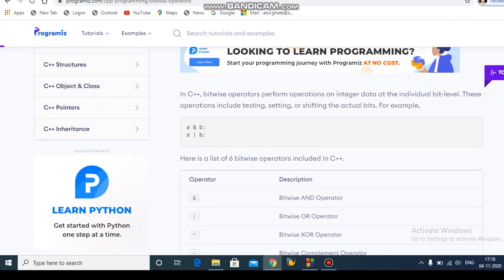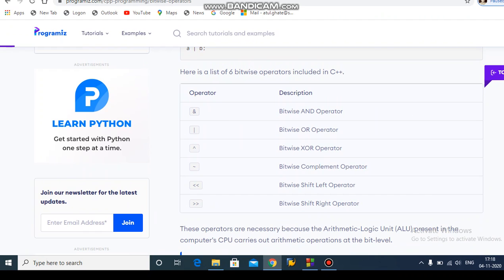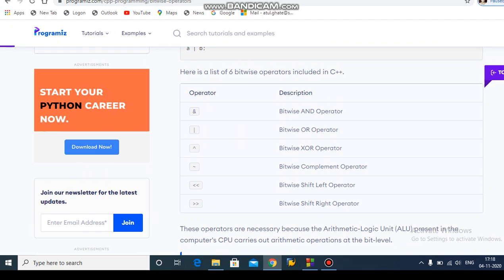Please see the table. Here is a table. The logical operators consist of double symbols, the double AND, double OR, and not equals to. In this table, the logical NOT or bitwise NOT is not included.